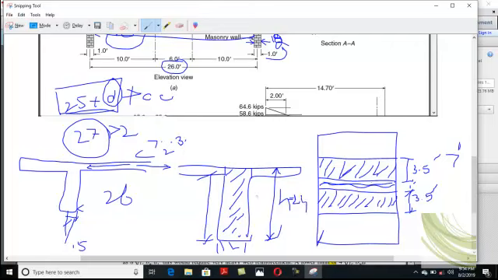Clear? So therefore this 1 foot is dropped here. And they only consider the 7 feet. They add this 1 foot in the calculation of the beam width.